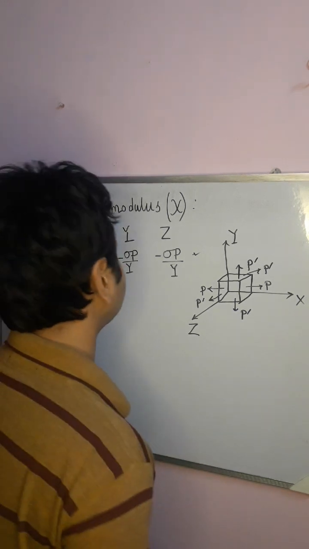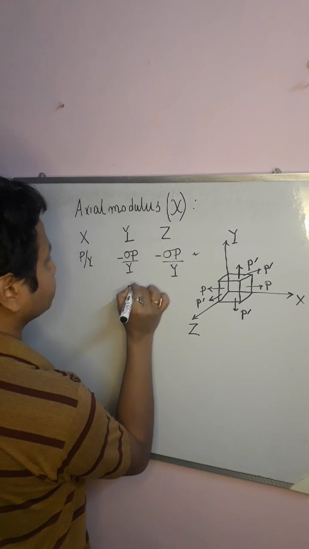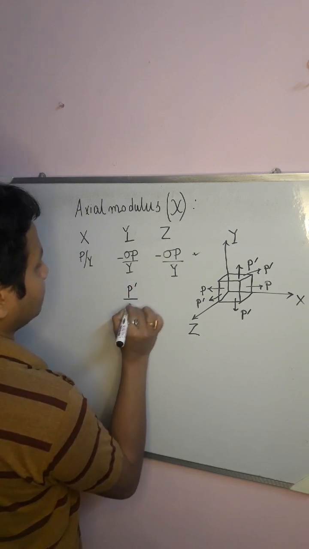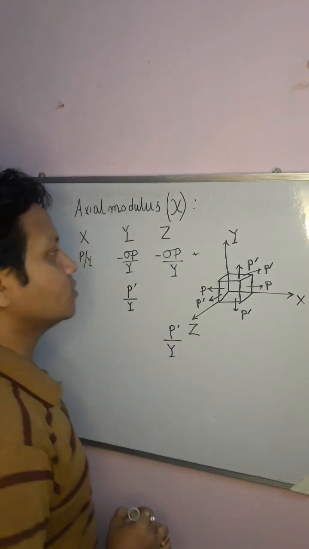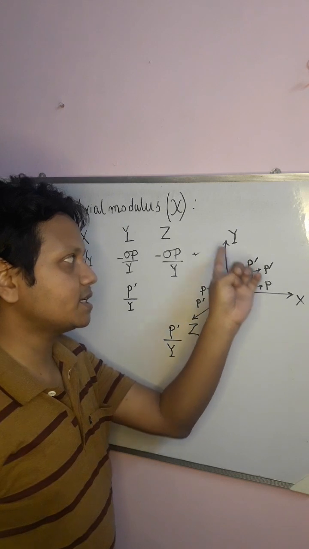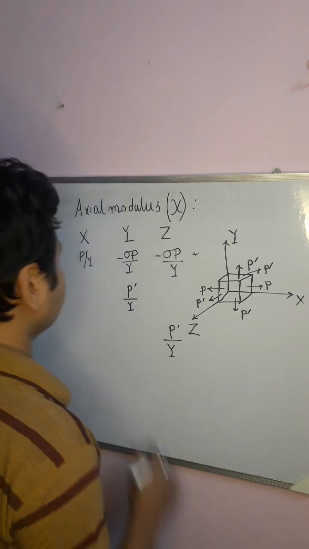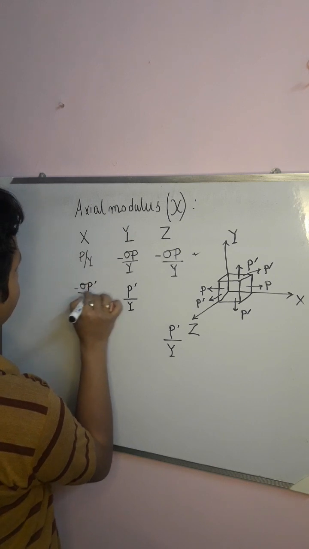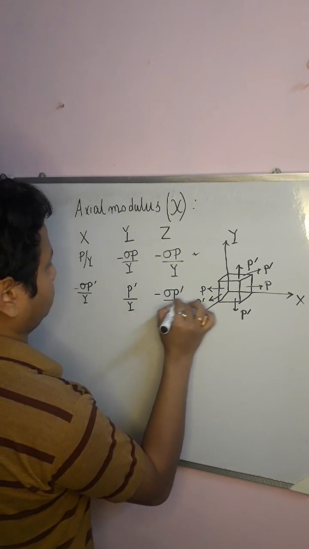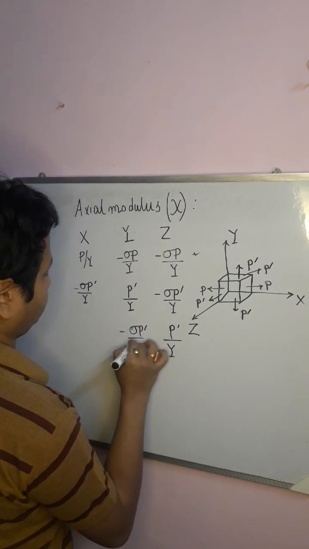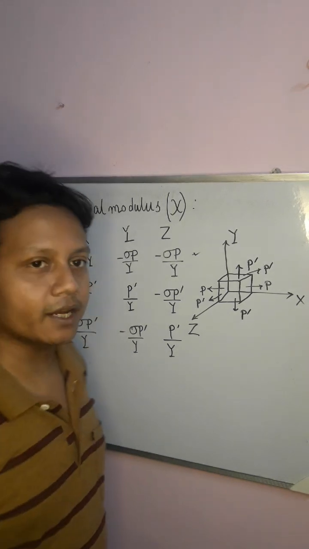Due to this force the cube will be elongated along the y and z axes, since we apply another tensile force per unit area P dash along them. So contraction will take place along x.